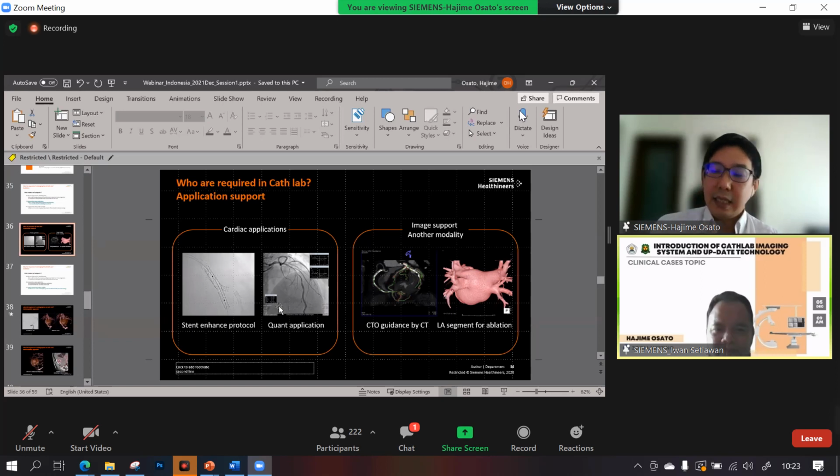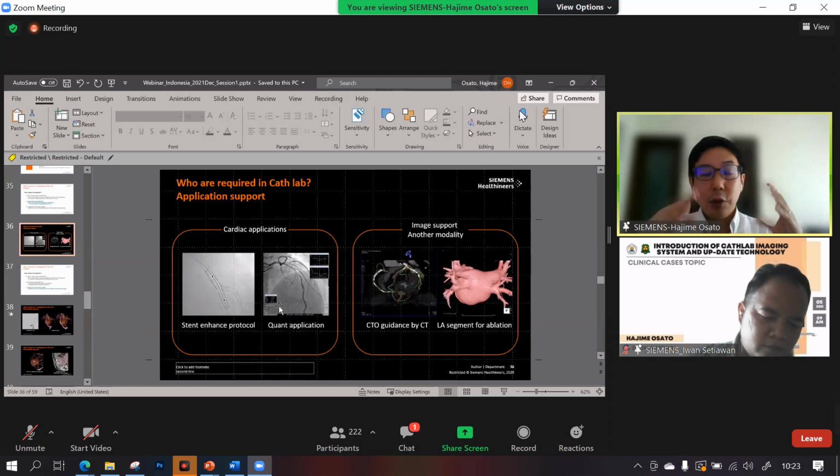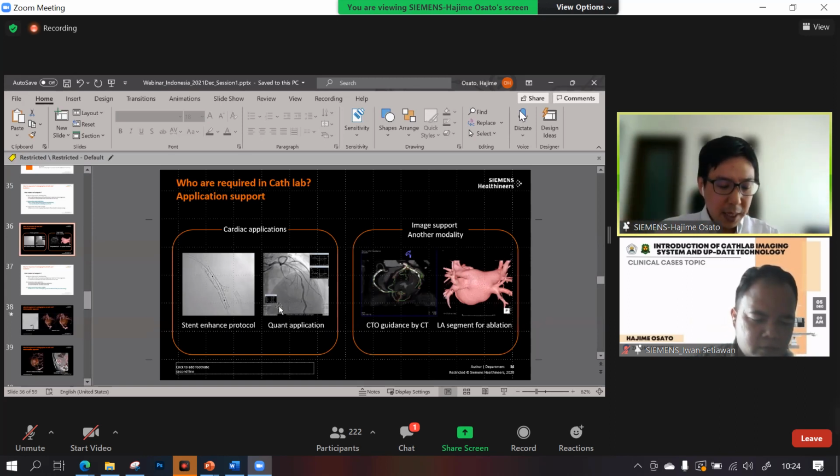Thank you, Hajime-san. As you mentioned, in the electrophysiology case, the radiographer's work is much reduced compared with general cardiac cases. The doctor uses the same working angle and looks at the mapping system. But the examination time is quite long, so we have to consider the radiation dose and reduce it as much as possible.